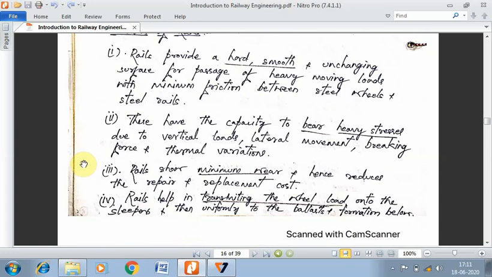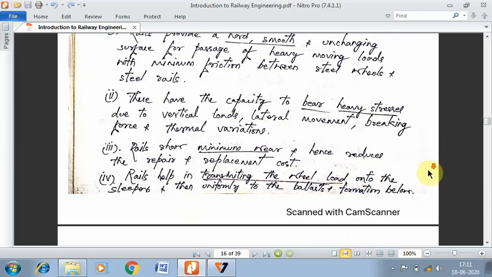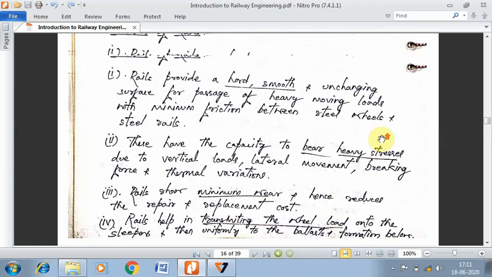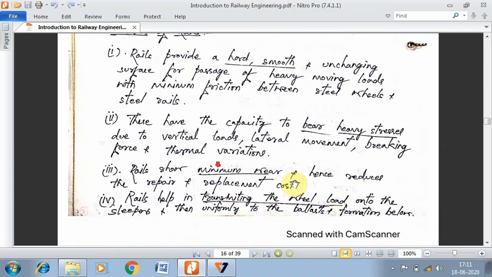The rails show minimum wear, and hence they reduce the repair and replacement costs. Rails also help in transmitting the wheel loads into the sleeper, and through the sleeper to the ballast cushion, from the ballast to the formation, and from the formation to the earth below. So these are some of the important functions of rails.